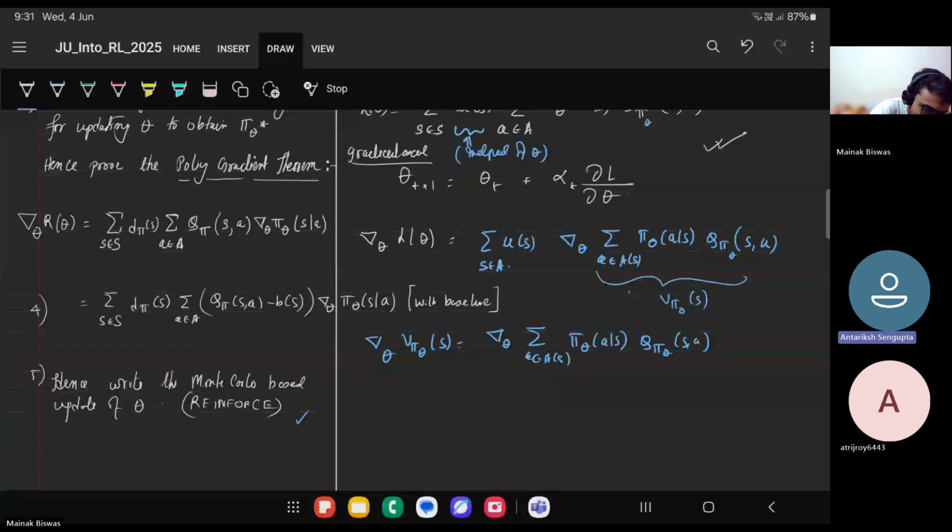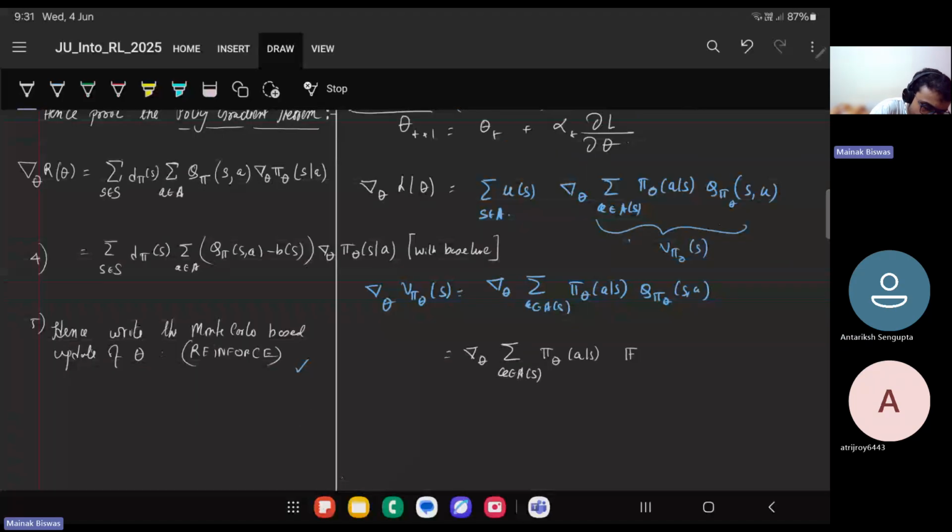What should I do? Tell me. So I can write the next value function: expected value of reward plus the value. This is the Q value function. This is fine, the first step. Wait, I'm writing it; it's not yet coming to the screen.